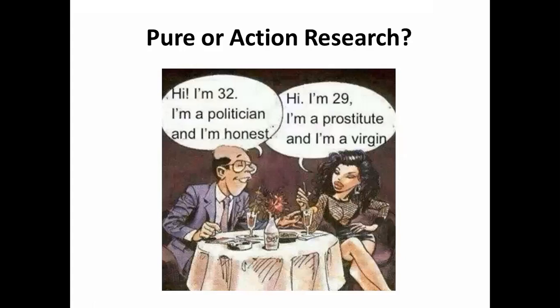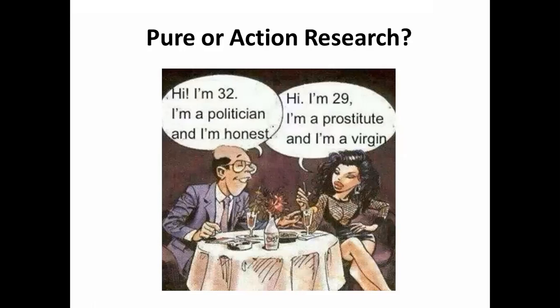Here, like we talked about this morning, for example, you meet this scenario. One guy is a politician, 32 years old, and he said that he is honest. And another one is a girl, a prostitute, 29 years old, and she said that she is a virgin.